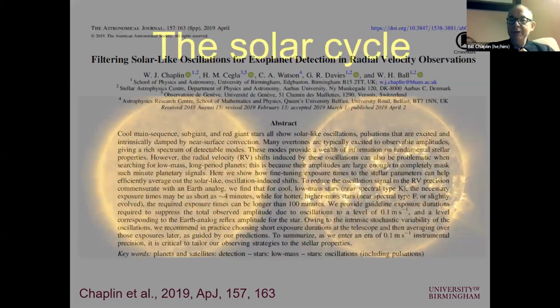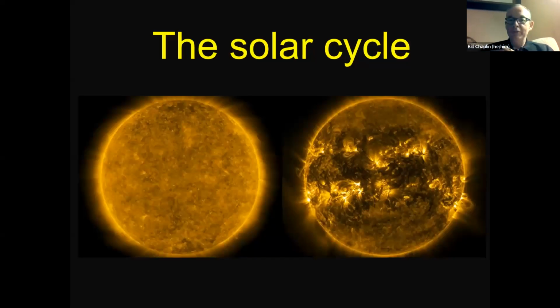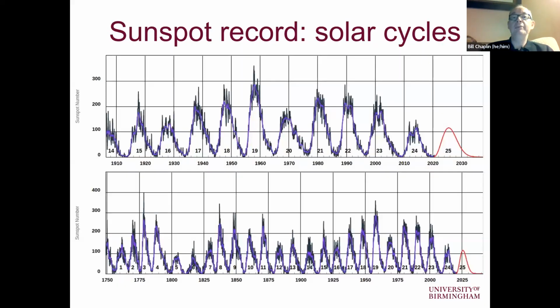But let's get back to the main point of what I want to talk about for the rest of the time here, and that's the impact that the changing activity in stars and sun-like stars has on the oscillation frequencies in particular. This is an example of a plot of sunspot records going back over 100 years.